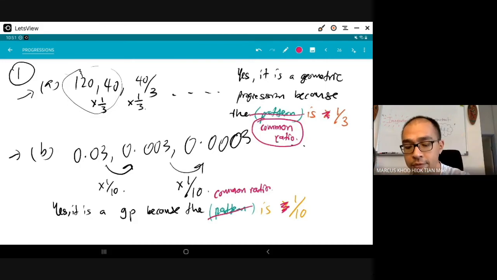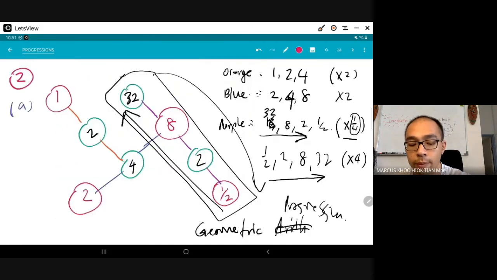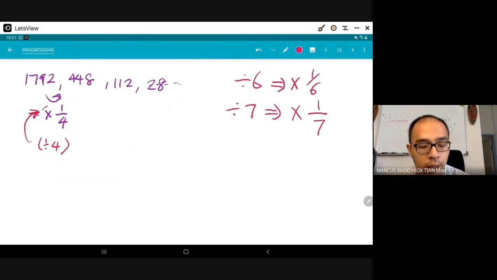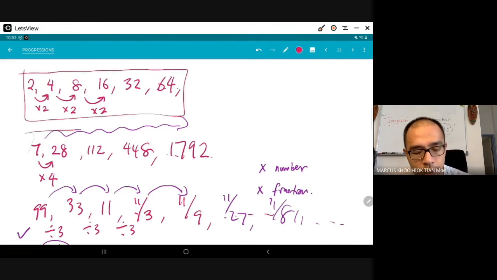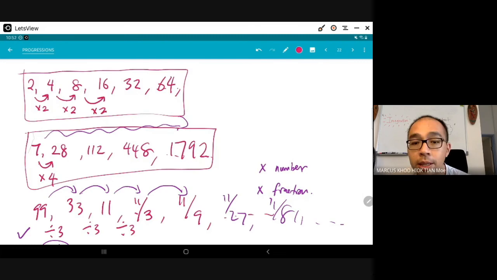That's why I said from the very beginning, when we do the pattern, we only want everything times only. Is it times number or is it times a fraction? So now what I want you to do is type out in a sentence for me. Just choose one geometric progression and write down the answer.